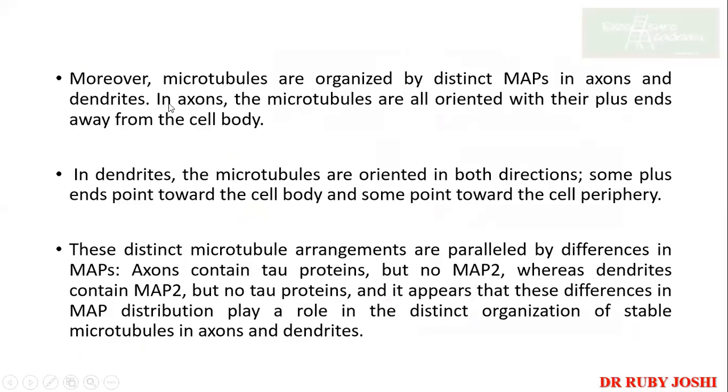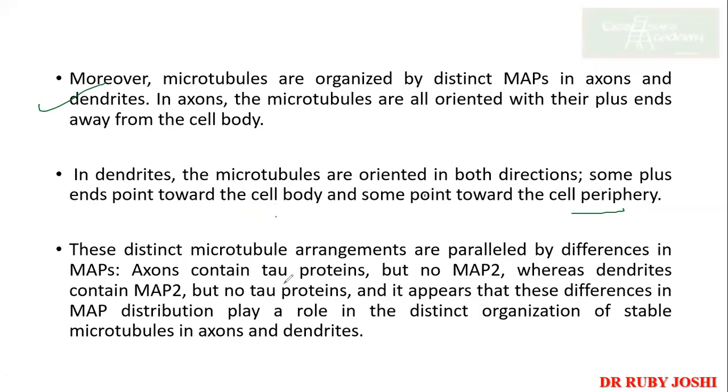Let's just go through it. Microtubules are organized by distinct MAPs in axons and dendrites. In axons, the microtubules are all oriented with their plus ends away from the cell body. Yes, we just checked, right? In the case of the dendrites, the microtubules are oriented in both directions. Some plus ends point towards the cell body and some point towards the periphery. These distinct microtubule arrangements are paralleled by differences in the MAPs.